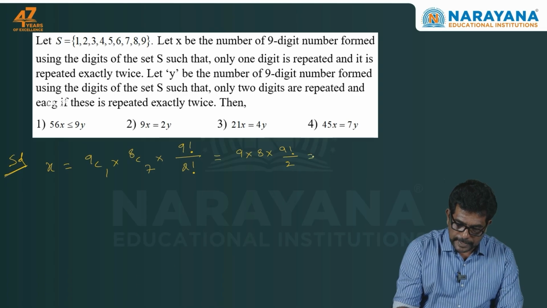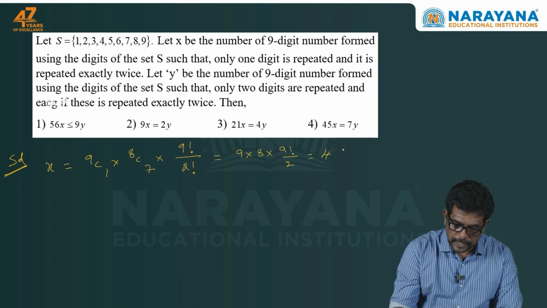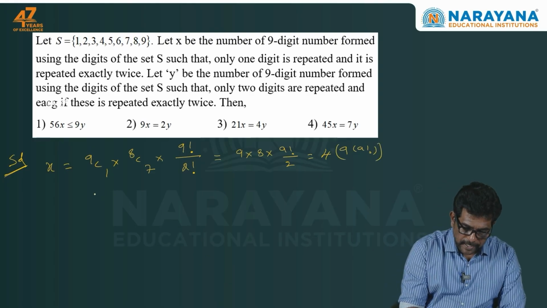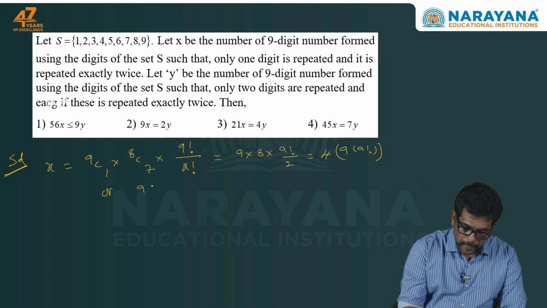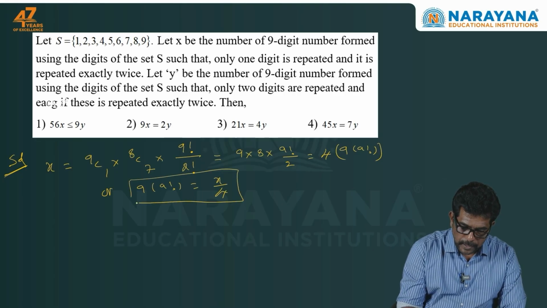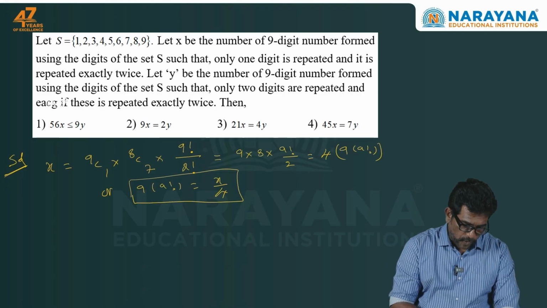That is, x is equal to 4 times 9 into 9 factorial. So 9 into 9 factorial is equal to x by 4. I am using this one in the next calculation, that is y.